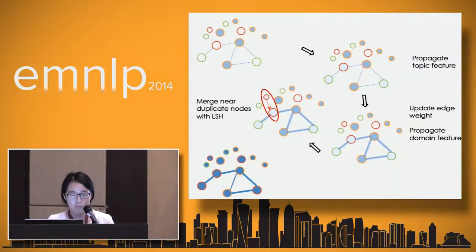So to reduce the sparsity, we use a merge process to integrate the intent topic nodes that have similar names and similar intent features by locality sensitive hash. And this can actually form a large integration.